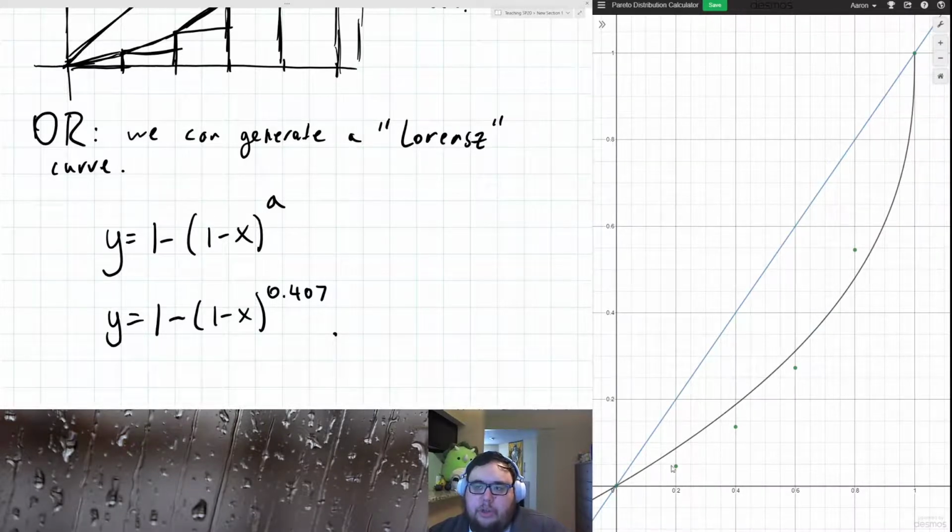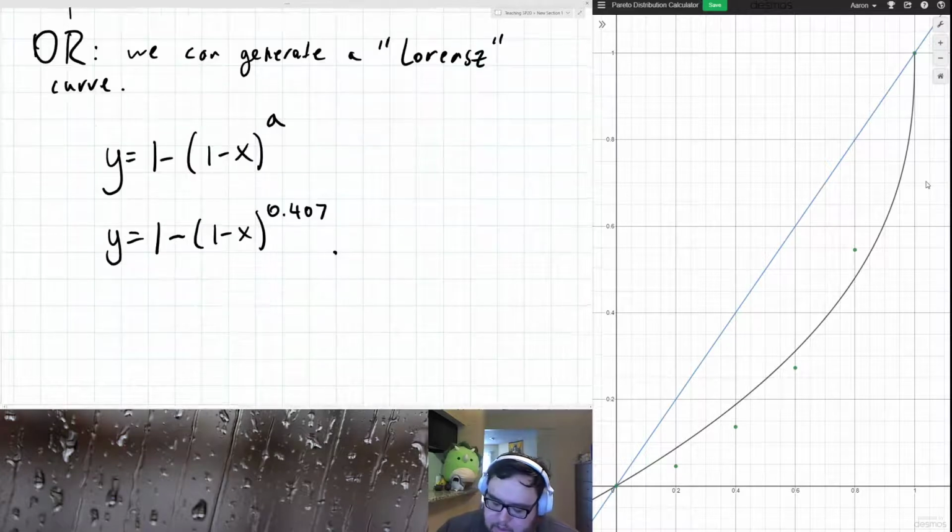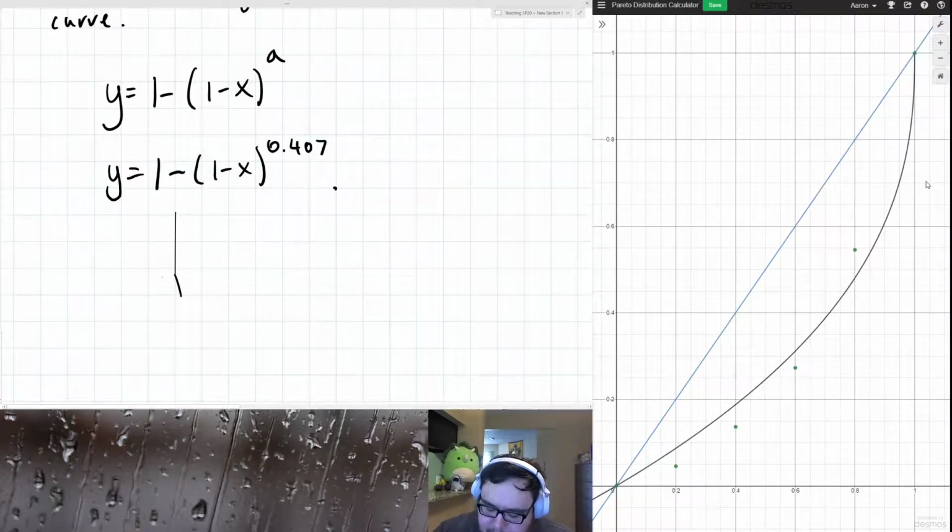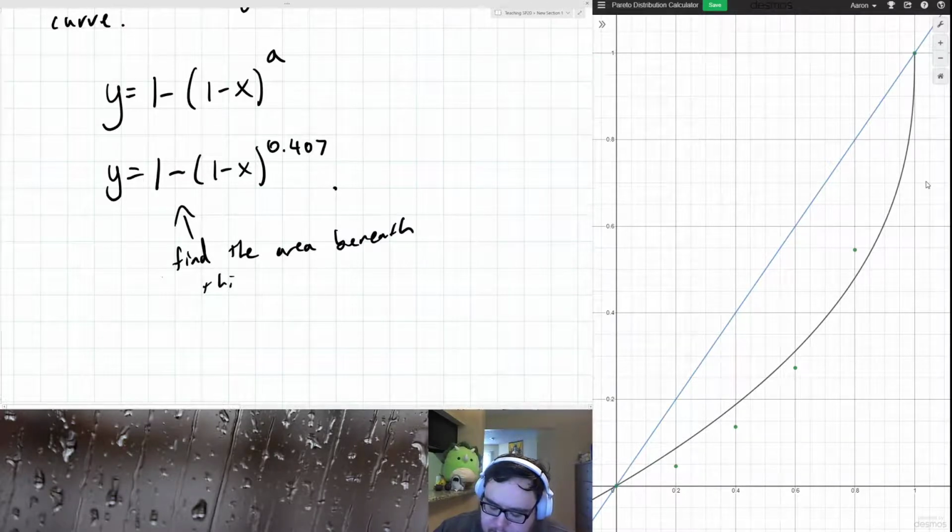So essentially, we're using this curve here, this black curve, to approximate our population, and then finding the area beneath that curve. We can find the area beneath this curve by using integration.